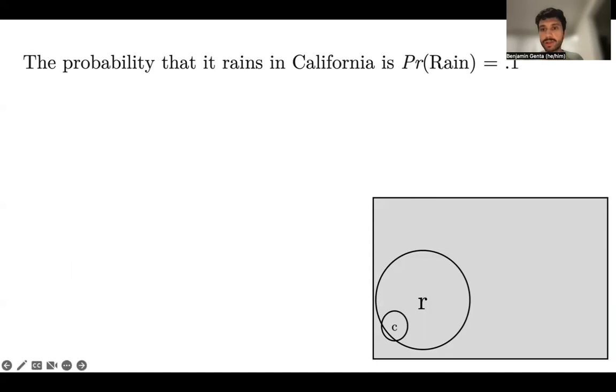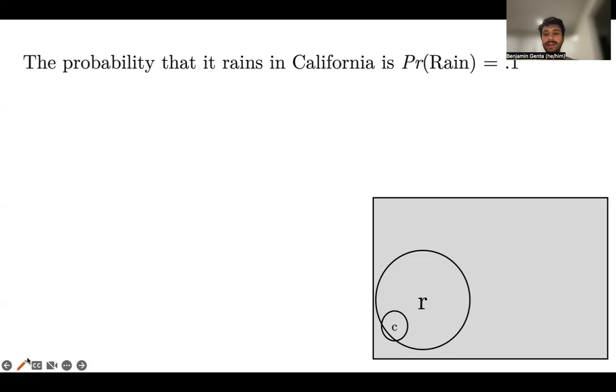Okay, good. So let's go over one more example. So the probability that it rains in California, let's say that it's 10%. So the probability of rain is equal to 0.1. I put it not exactly to scale.